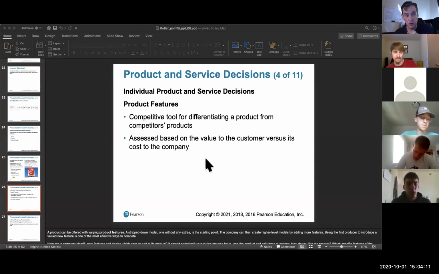Okay, the product features. Those are the tools you have to differentiate your marketing offering. That's pretty much it. That's the reason somebody will look for you. So that's the only way, or the most common way, to differentiate something. Just remember, people not necessarily know how to use the marketing offering you have in the market.